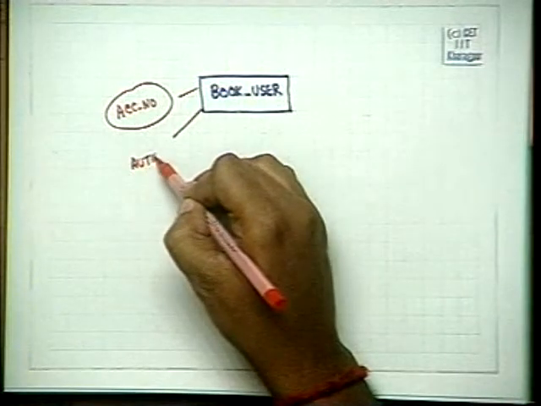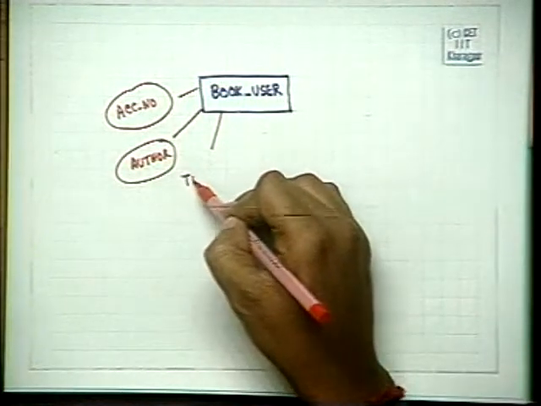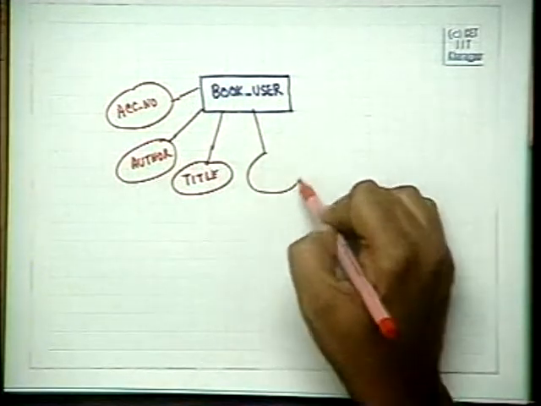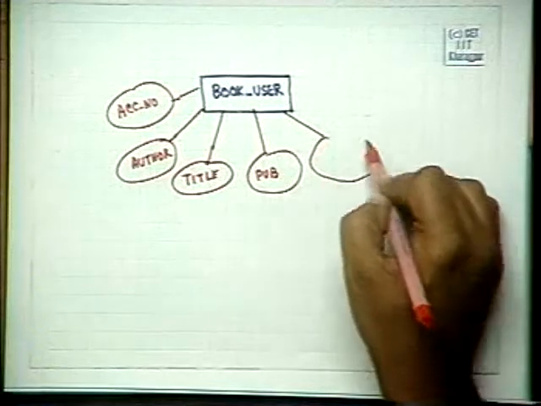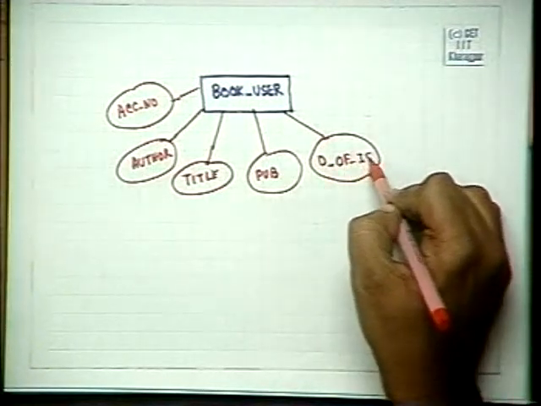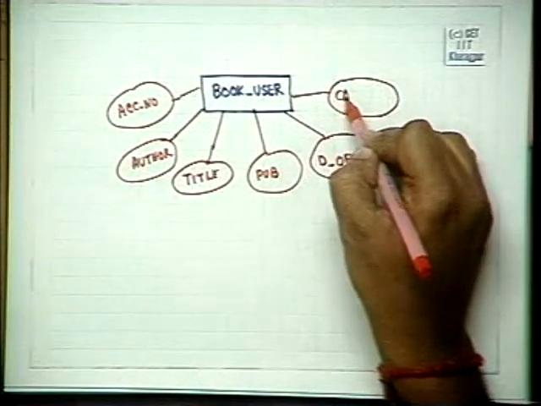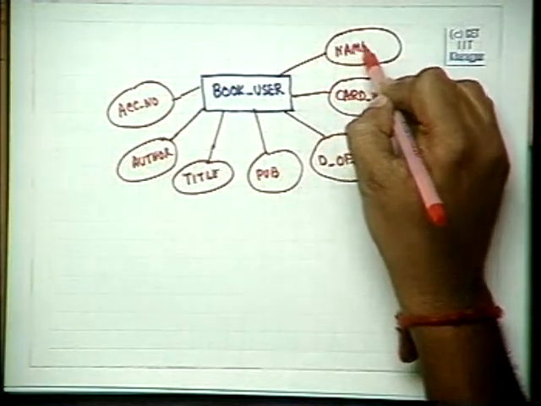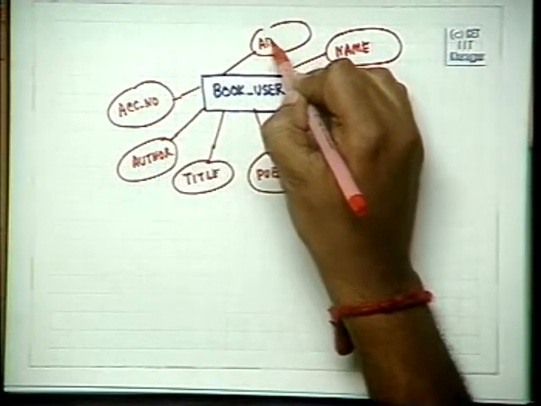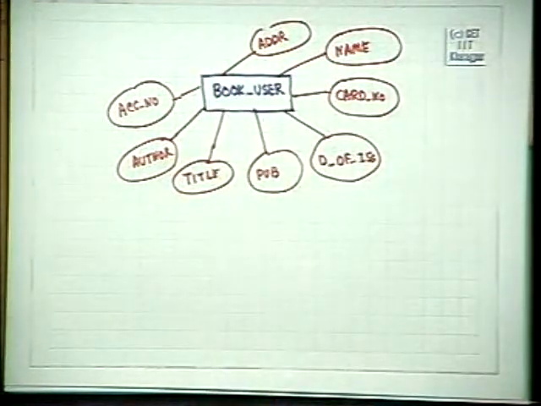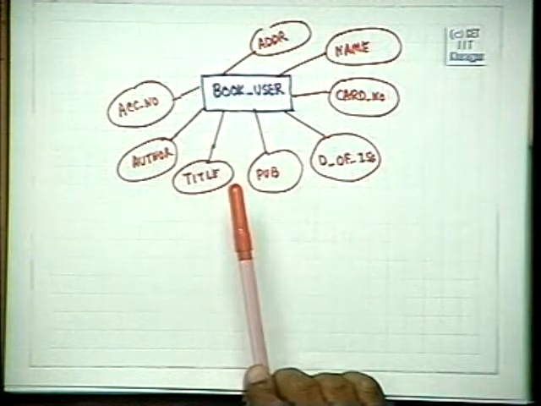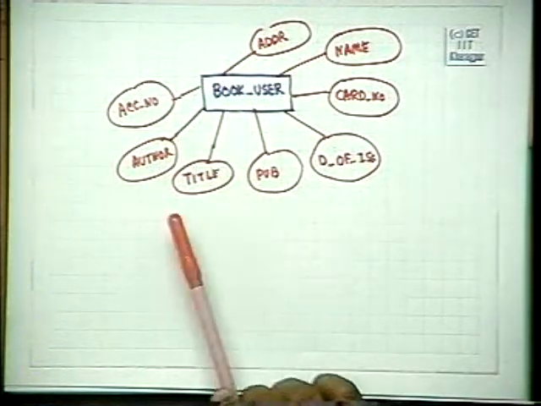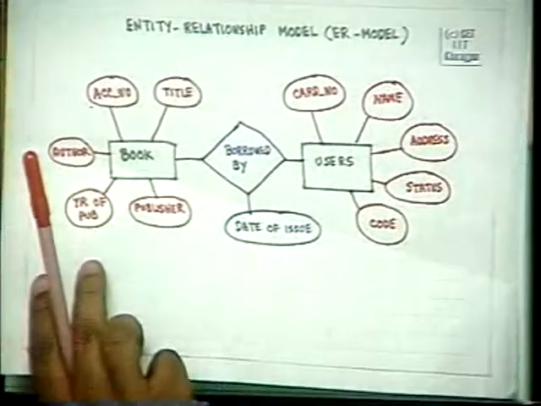author, title, publisher, date of issue, card number, name, address, etc. So the choice is between one entity expressing all the books, all the users, and who has borrowed which book, and this.